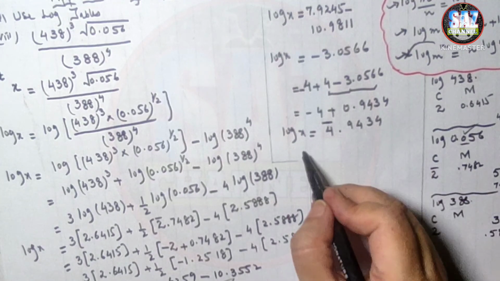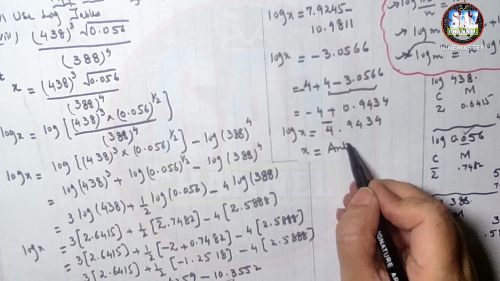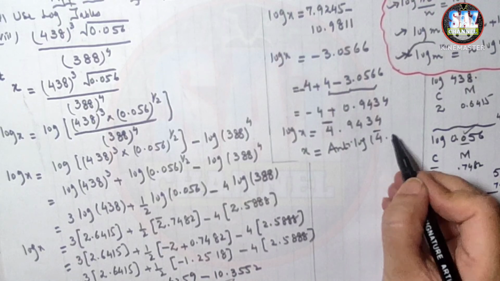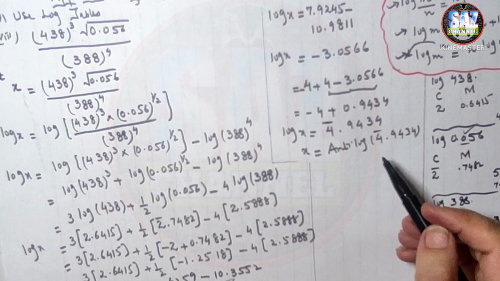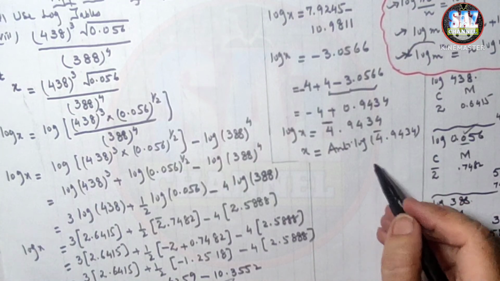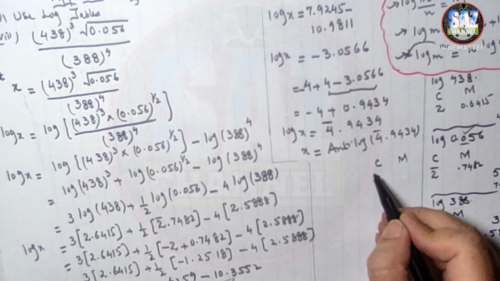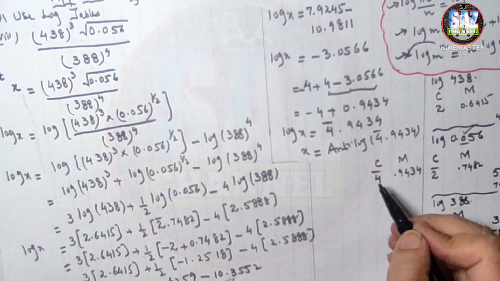0.9434. And now in order to get the number, I have to take the antilog of 4 bar 0.9434. So as we know that this is the log of some number, 4 bar is the characteristic and mantissa is 0.9434.